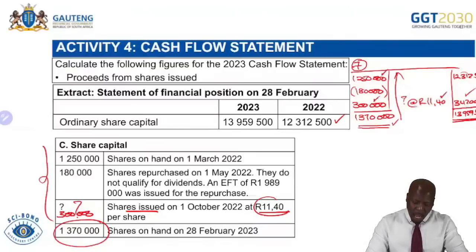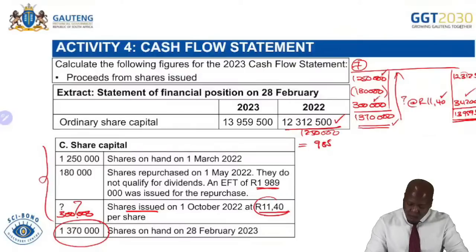And then we know that on the repurchase of shares, remember the one where we calculated the average price, we are told that shares repurchased, we have made an EFT of that. But we know that when we calculate the repurchase of shares, we use the average price. And you remember when we calculated the average price, we divided by 1,250,000, and we had 9 Rand 85.